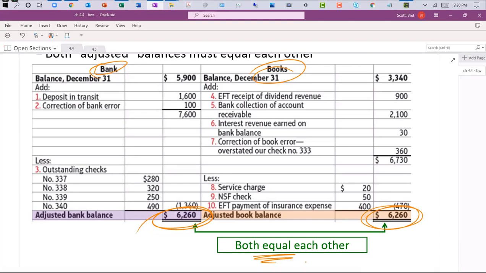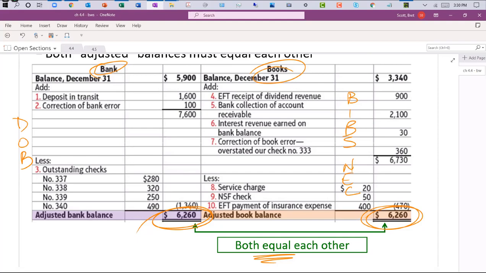If you find that your adjusted bank doesn't equal your adjusted book, go back, check DOB, check BIBS, NEC. Make sure the items show up in the correct left side or right side. If you got the things in the right place, check to see maybe you're adding instead of subtracting or vice versa.